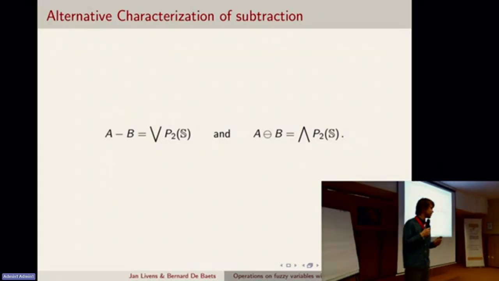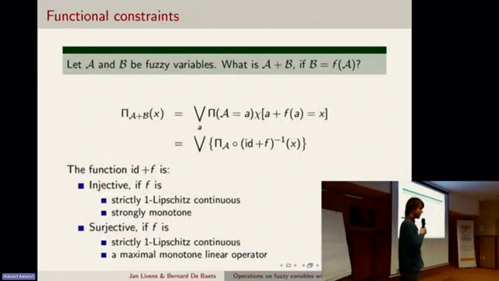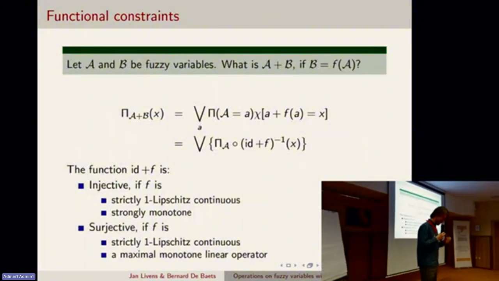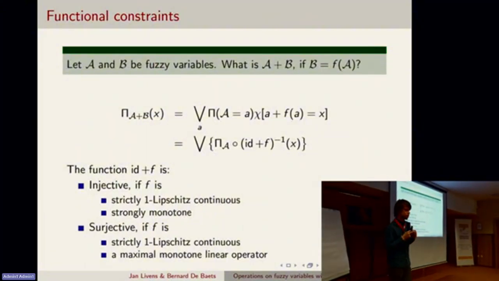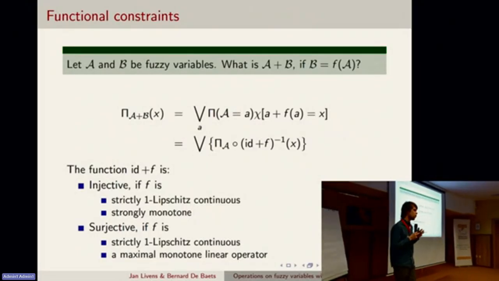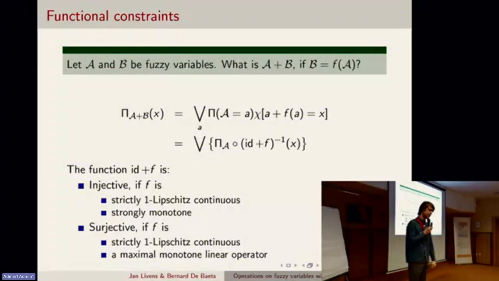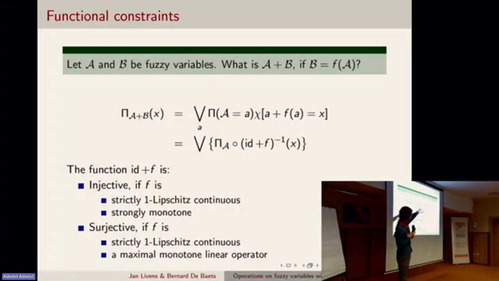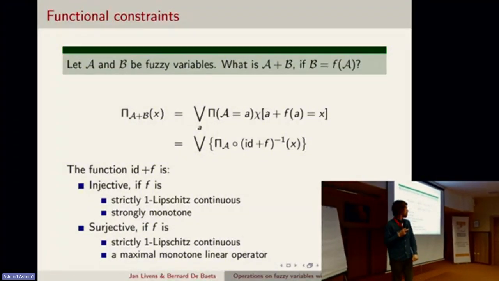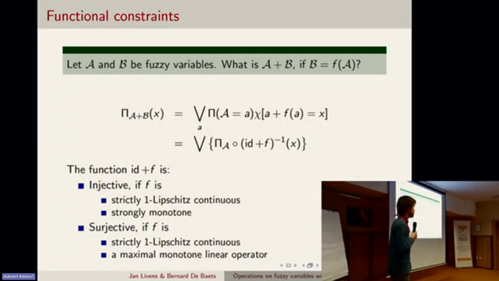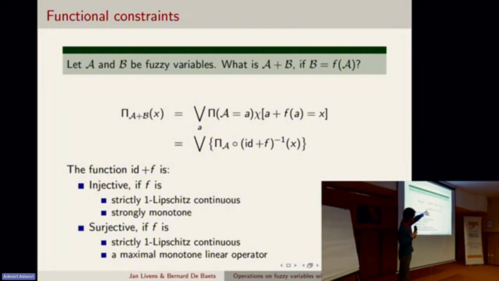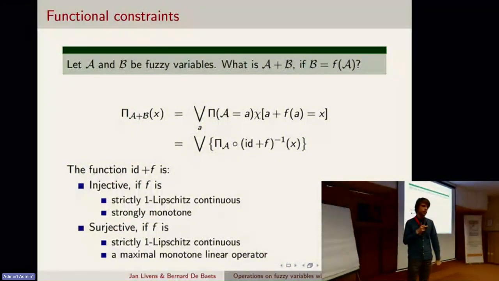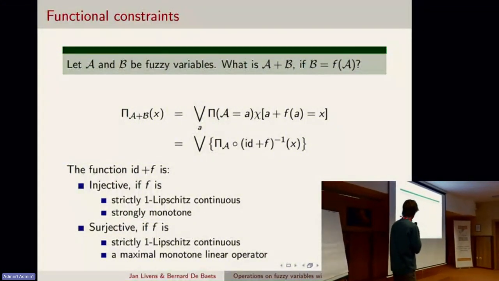Okay, now finally, as I also promised in the title, functional constraints. Let's look at functional constraints. Functional constraints are when one of the variables or both variables are bounded by a functional constraint. In this case, I will look at a simple constraint: the fuzzy variable B will be equal to f of A. For this first example, we can look at the sum of these two variables.